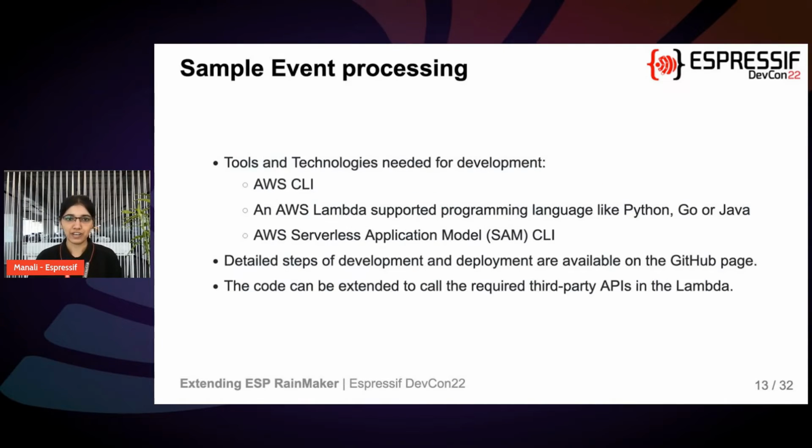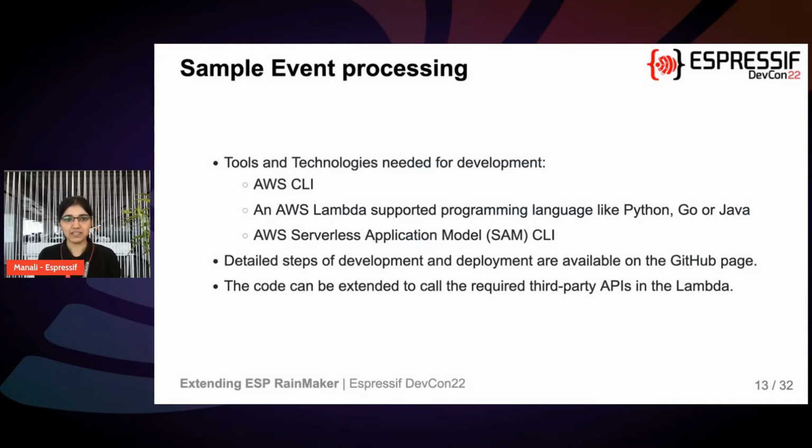The tools and technologies that you would require to start customizing the event processing framework would be the AWS CLI, an AWS Lambda supported programming language like Python, Go, Java, or Node.js, and the AWS SAM CLI. As Rainmaker uses a serverless architecture, there is something named the Serverless Application Model in AWS, which is used for developing serverless applications as infrastructure as code.